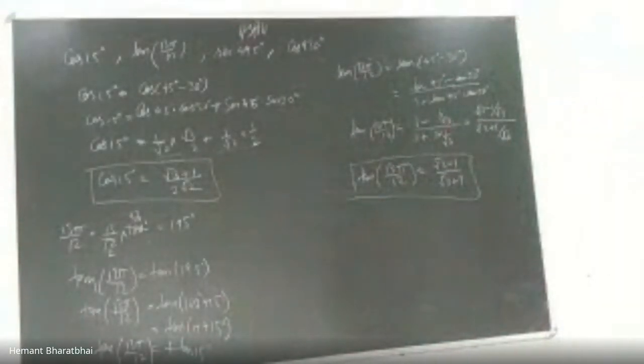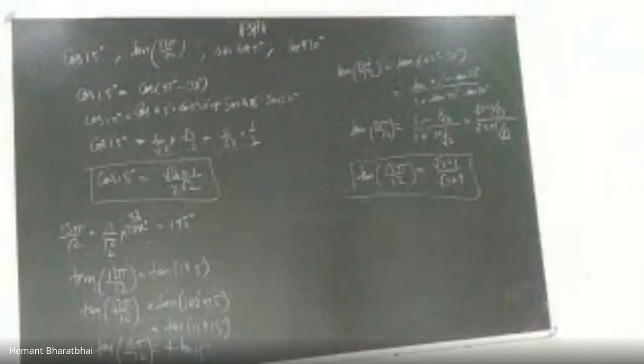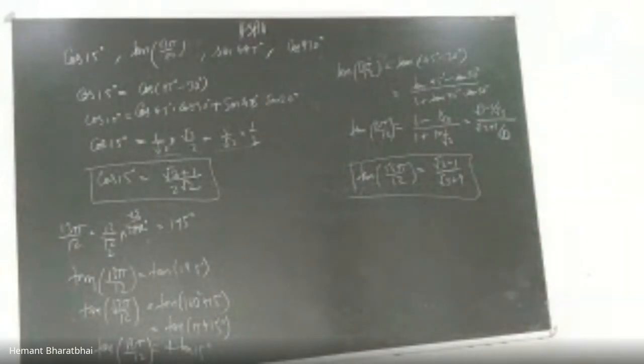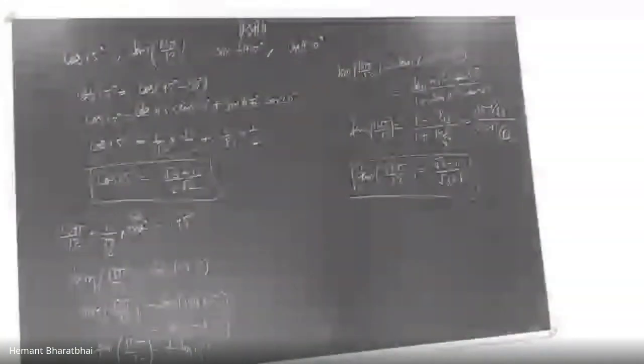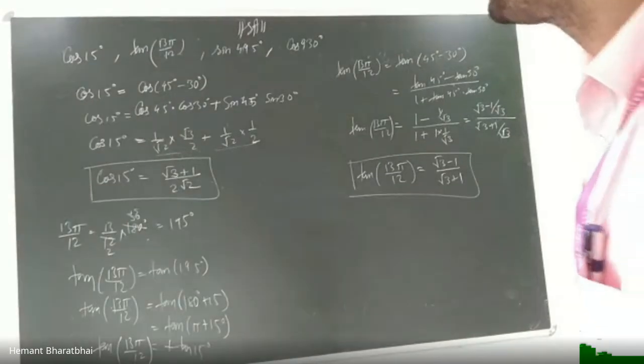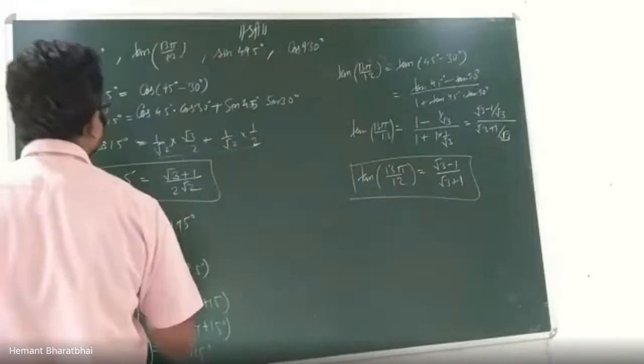We learned this in the last class, and by applying that rule we can find out the values. Please take the screenshot of this. I hope everyone has taken the screenshot. Okay, let's go for the next.